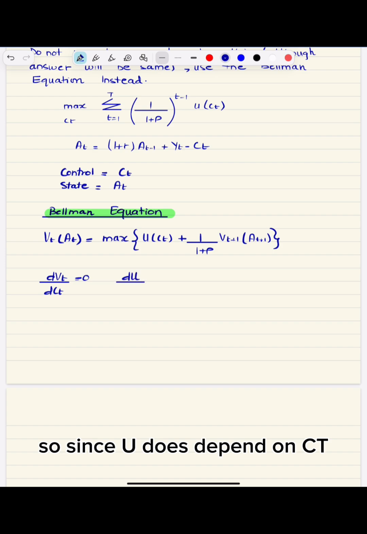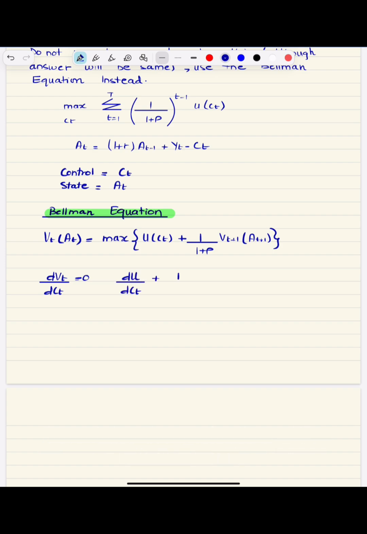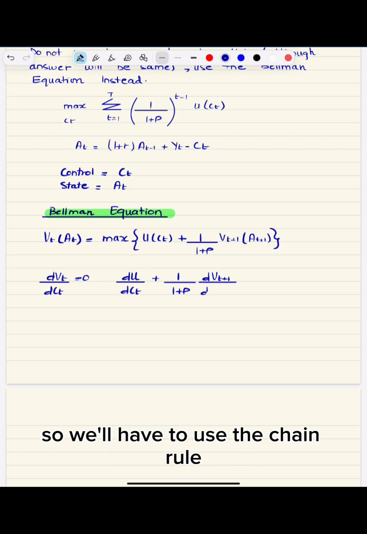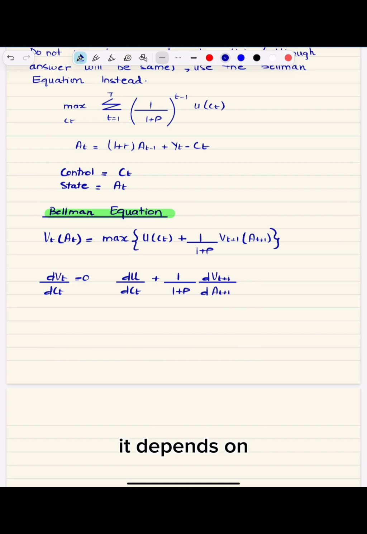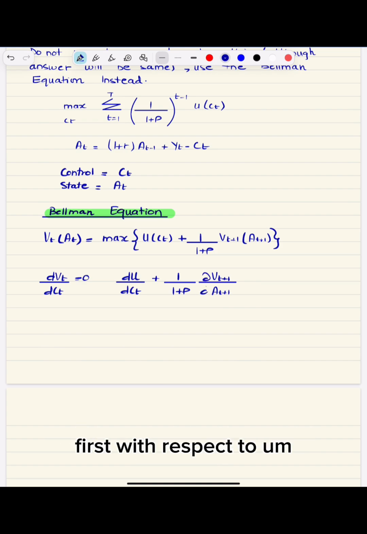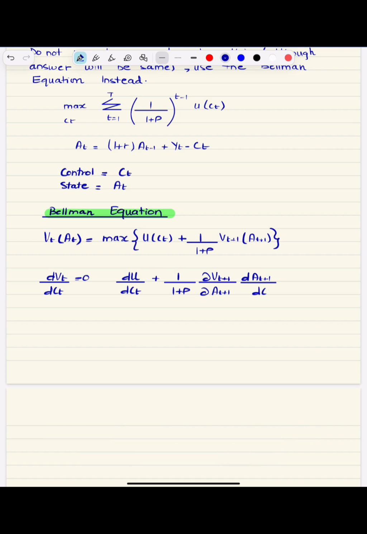Since u does depend on c_t, I can take the derivative with respect to c_t, but V_{t+1} doesn't directly depend on c_t, so we'll have to use the chain rule. We'll have to take the partial derivative first with respect to a_{t+1}, and then a_{t+1} is what depends on c_t.